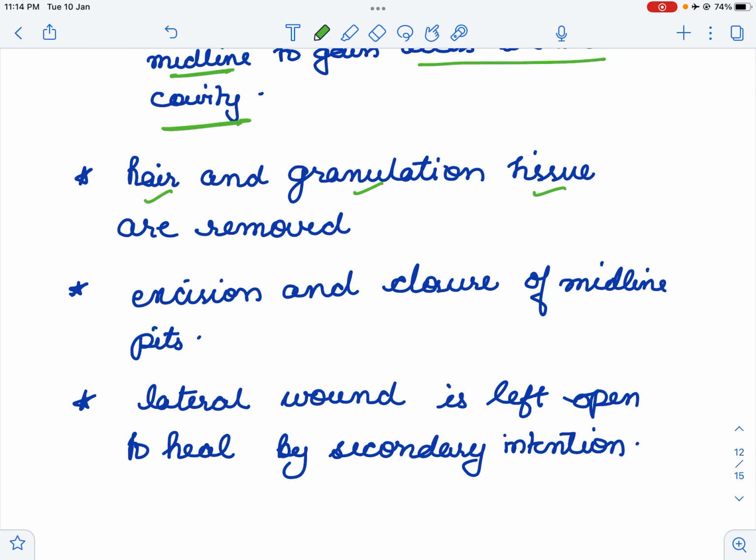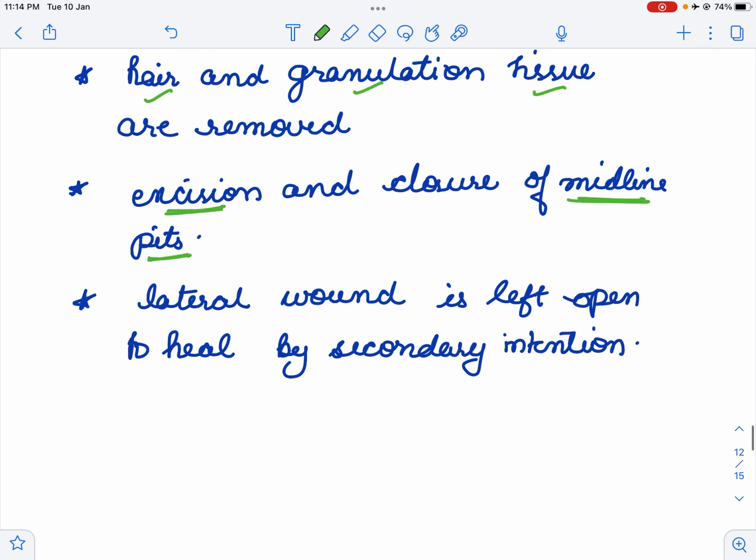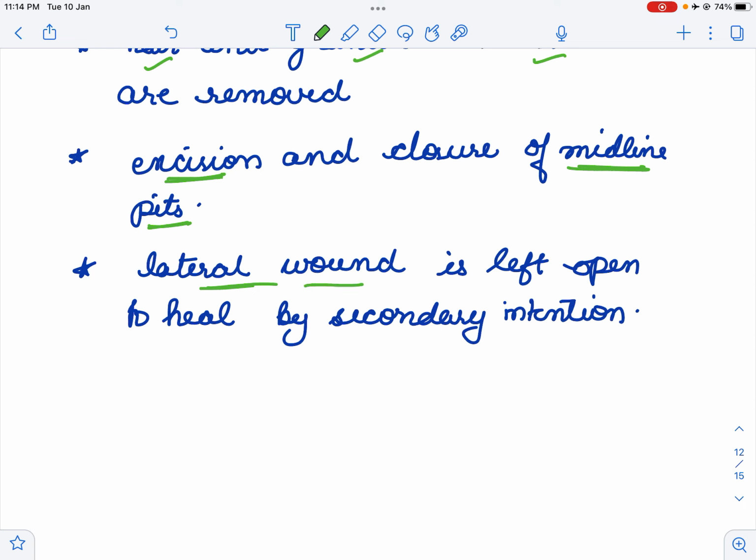After that, you excise the sinus and close the midline pits. The lateral wound is the site of entry via which you gained access to the sinus. The lateral wound is left open to heal by secondary intention.